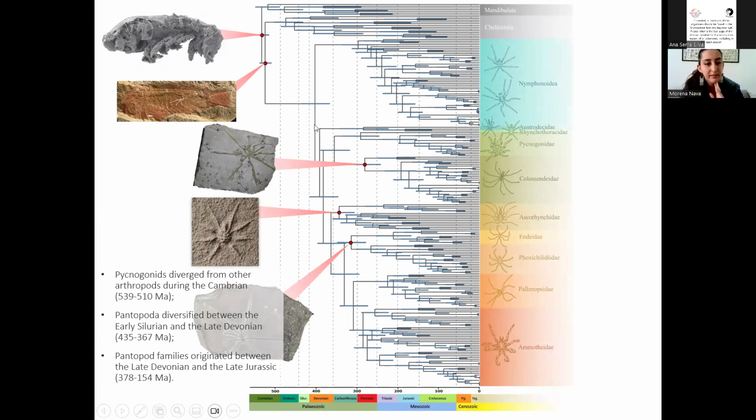And we can say that they originated in the Cambrian, in an interval spanning roughly 540 to 510 million years ago. And at least 75 million years later, pantopods appeared on Earth. So you can have a look here. And then we had, after that, a diversification of all the families that are currently living.